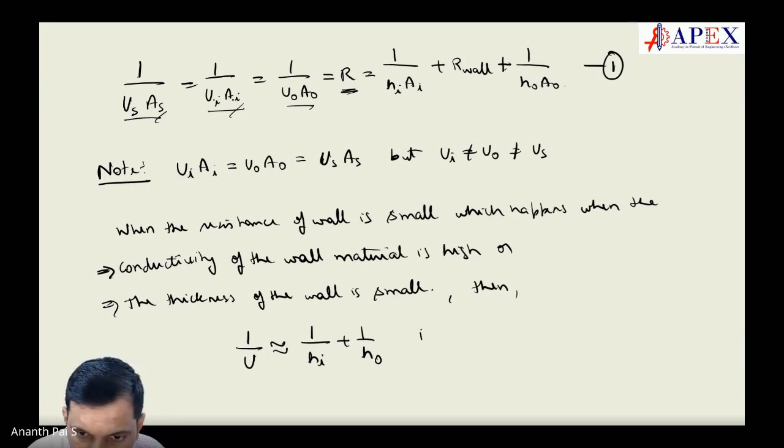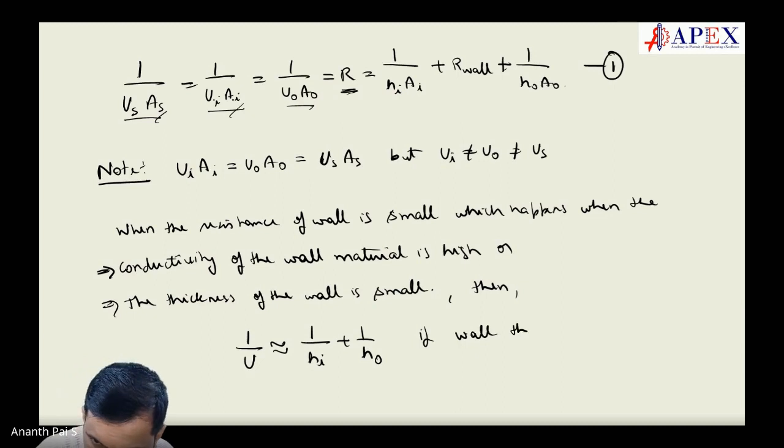If wall thickness is small, then this will be A naught, U naught A naught, or UA is equal to h Ai, this is h A naught.